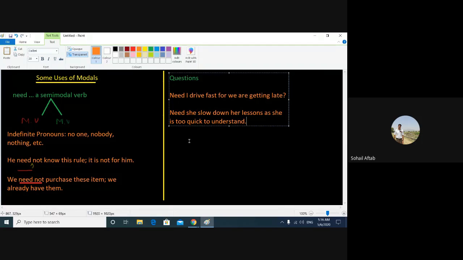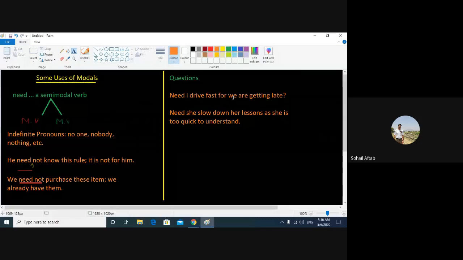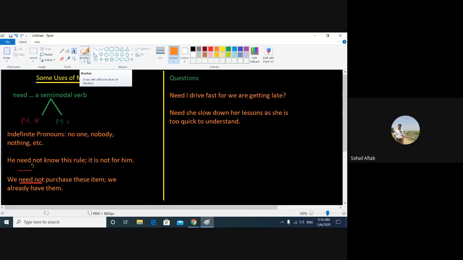Okay. Now here, let us try to understand this last structure. Need she slow down her lessons? Now, what exactly is the sense? The sense is that of obligation.